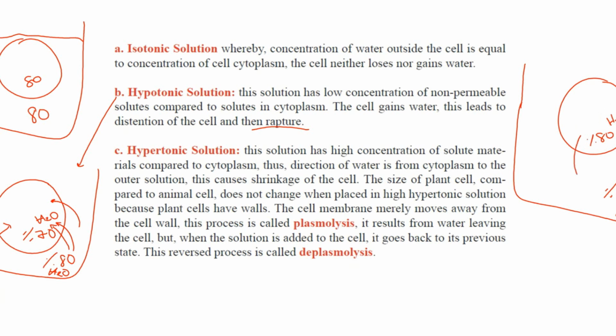So water moves from high concentration to low. In that way, the direction of water is from the cytoplasm to the outer solution, to the environment. It causes shrinkage of the cell.